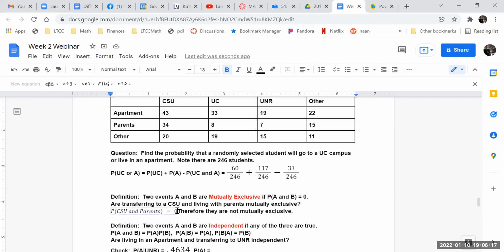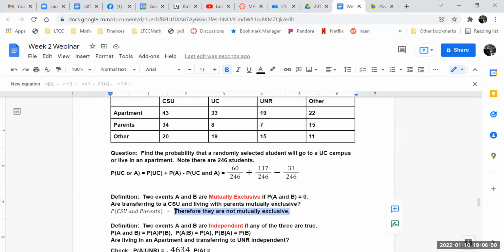If you count the probability of CSU and parents, that's going to be 34 over 246. Is 34 over 246 0? This is an easy question, by the way. Definitely not. You take 34 divided by 246, you don't get 0. So they are not mutually exclusive.